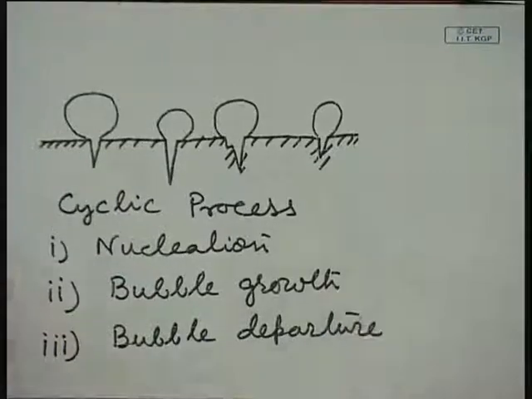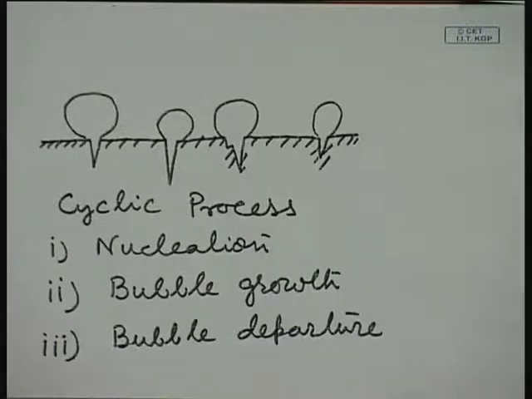So, these three processes will take place over and over. Once it nucleates, we will see a growth, which also follows a pattern that we will discuss, and then it will depart.